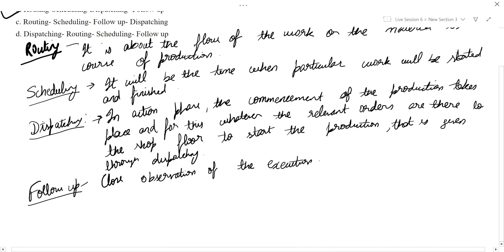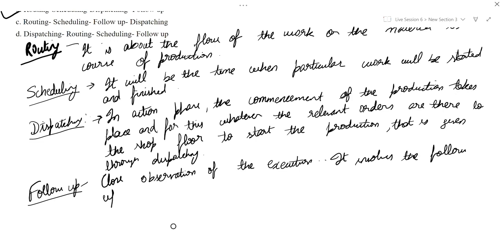So it involves the follow-up to see what is the current status at any time.